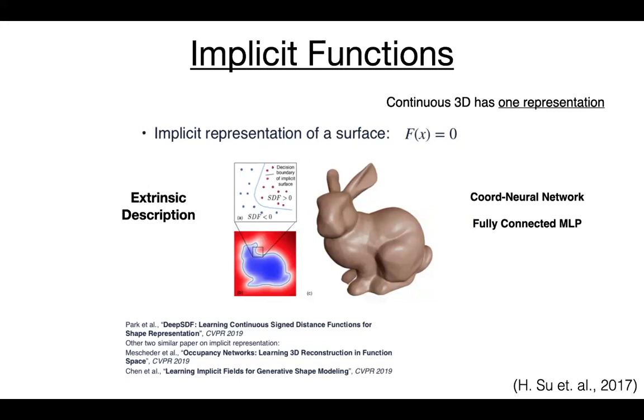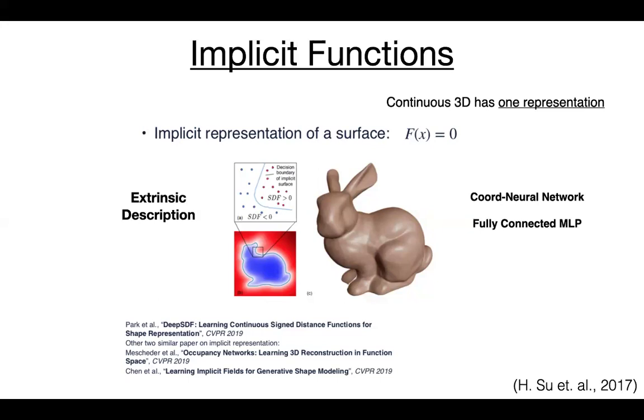We have points that are inside the bunny, outside the bunny, and points that are on the surface. And so this implicit representation can be what's called a signed distance function. So if we take a point in the space and the value of the function is negative, it is inside the object. If it's positive, it is outside the object.